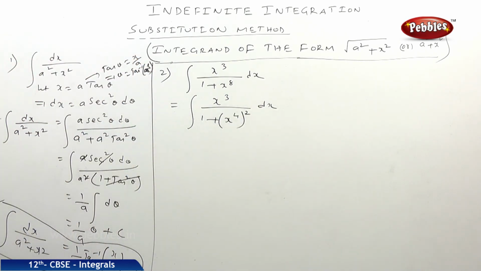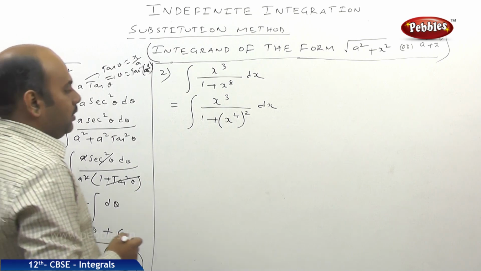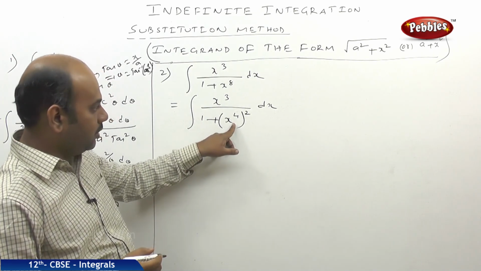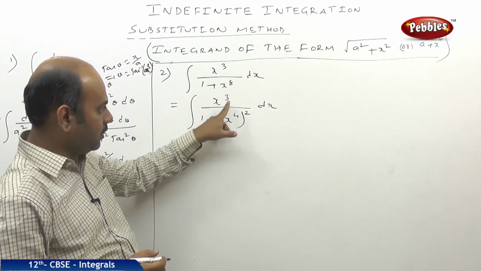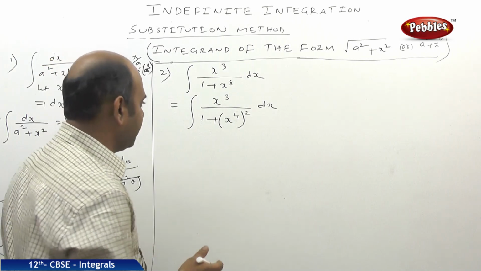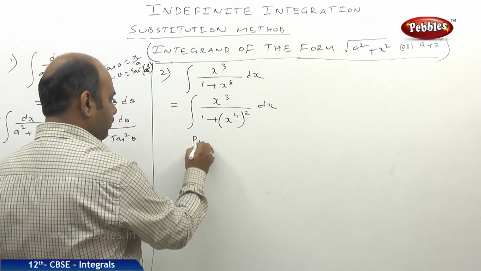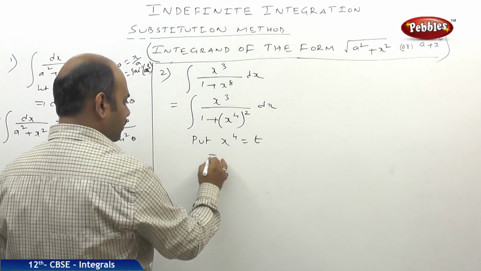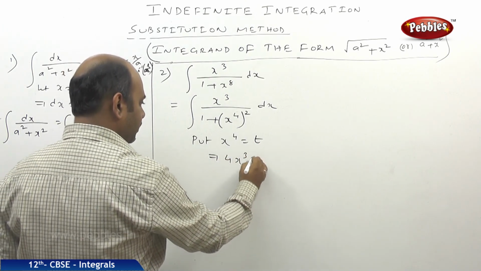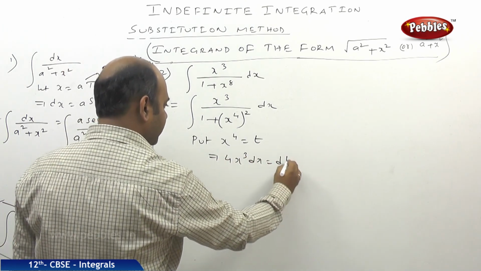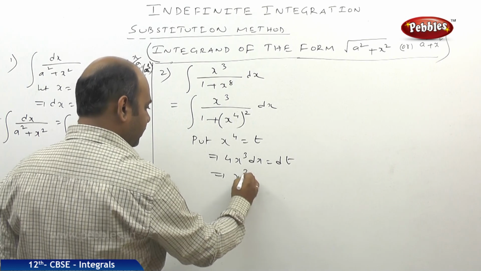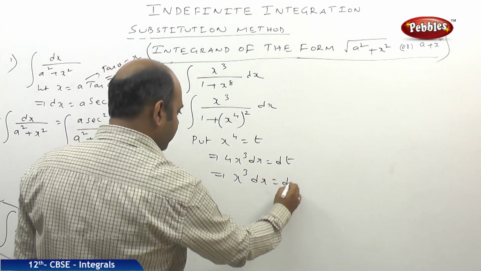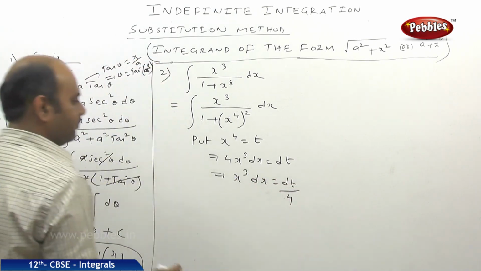Now what I will be doing means, if I put x power 4 is equal to t, what happens, 4x cube dx is equal to dt. We shall try by that pattern also. Put x power 4 is equal to t. So what happens, 4x cube dx is equal to dt. So finally x cube dx is equal to dt by 4.